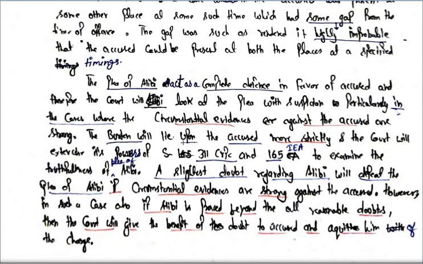The burden will lie upon the accused more strictly, and the court will exercise its powers under Section 311 CrPC and Section 165 of the Indian Evidence Act to examine the truthfulness of the plea of alibi. The slightest doubt regarding alibi will defeat the plea of alibi if circumstantial evidences are strong against the accused.